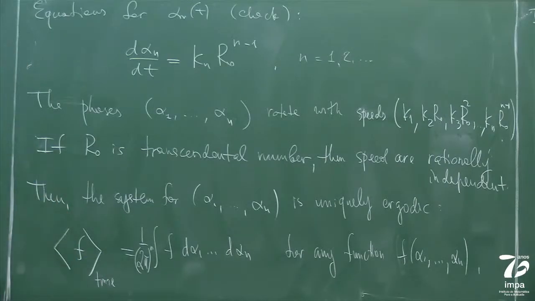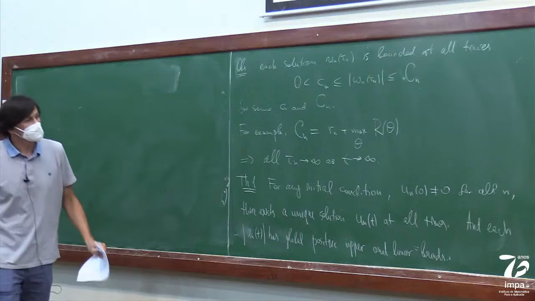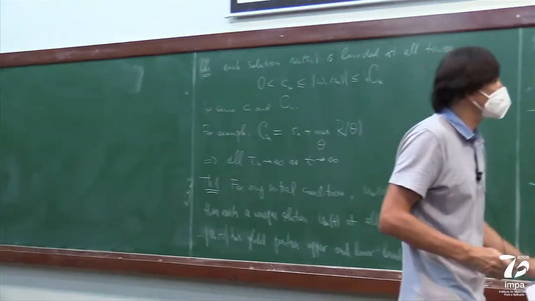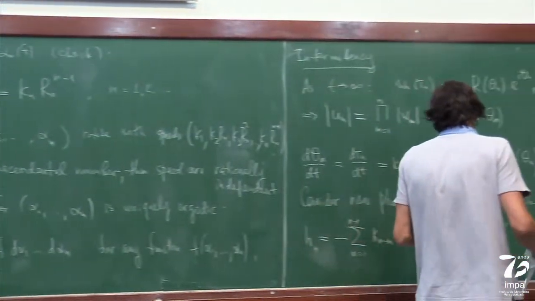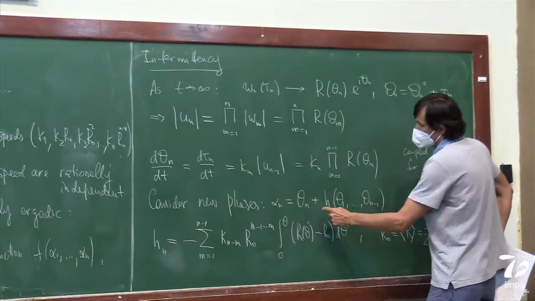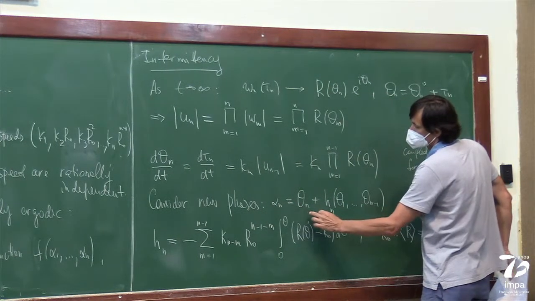And then very little left. So next, what you should take into account is that we had alpha n as a transformation of theta n.